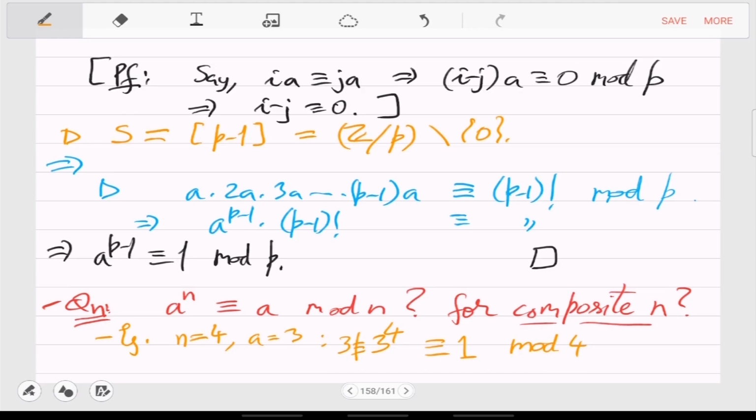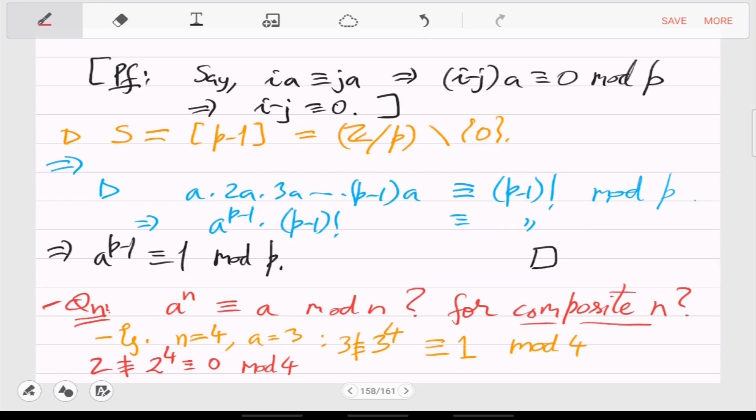And of course, if you take a bad a, then even worse things can happen. For example, if you take a to be 2, what is 2 to the 4 mod 4? Yeah, so if you take a bad a which is actually sharing a factor with n, then it can even be 0. So very far from being a, right? So anything is possible here.